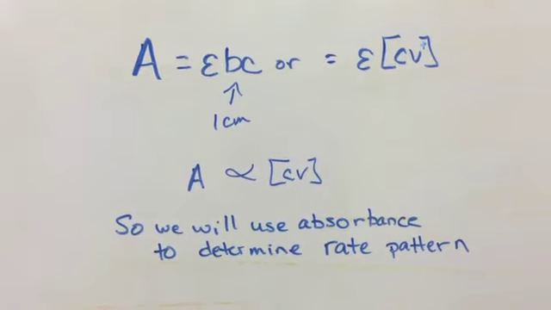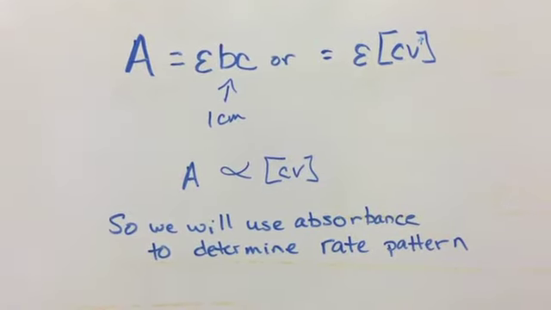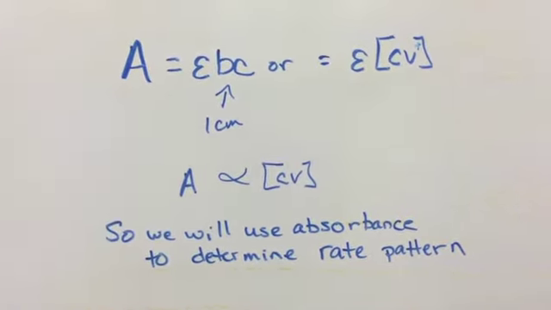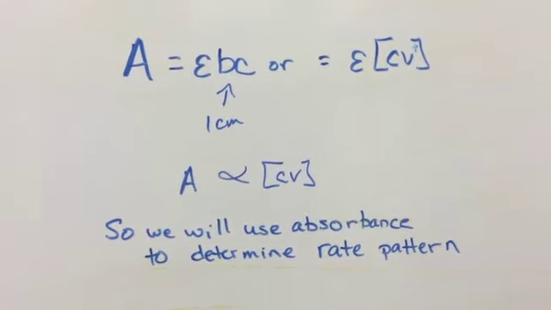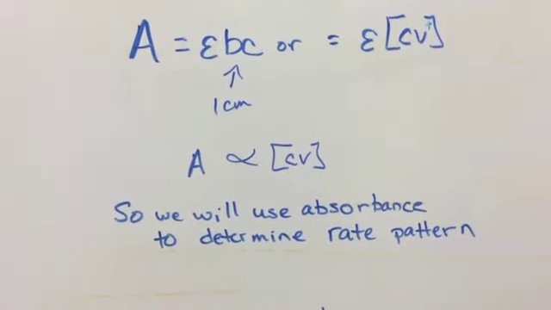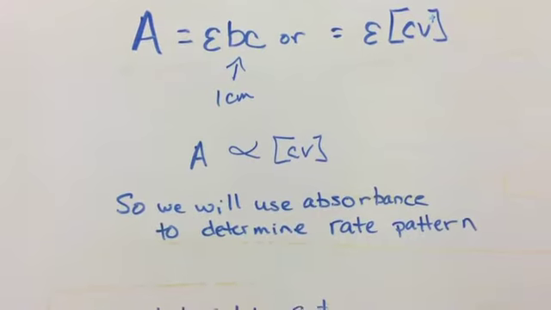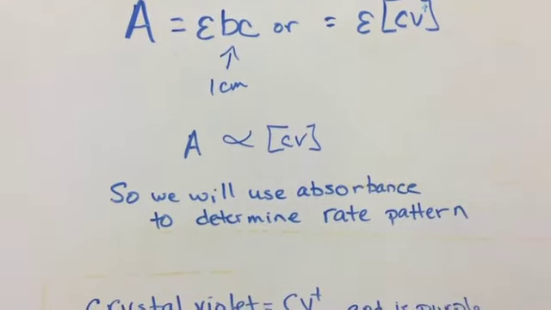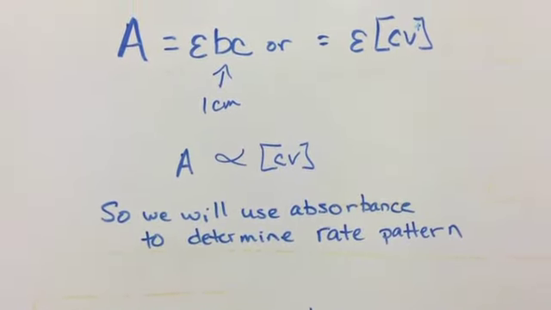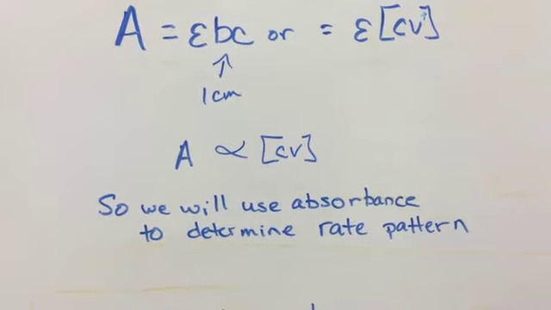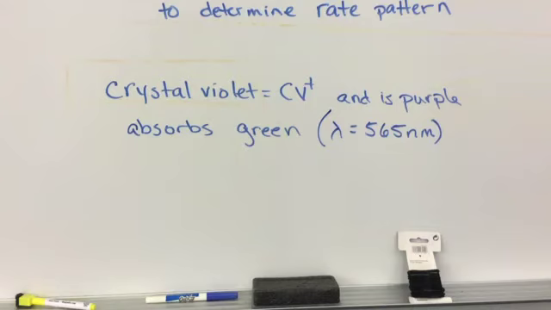Because the cell is 1 centimeter, we can take that out, and our concentration is going to be, in brackets, CV+. In this way, the absorbance will be proportional to the concentration of crystal violet. So we will use the absorbance to determine the rate pattern.